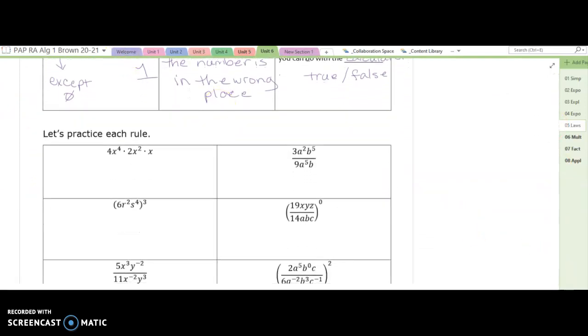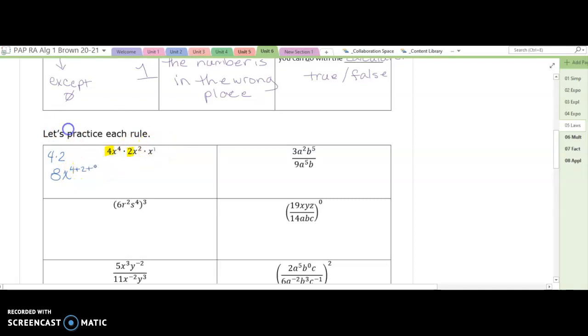Remember we are multiplying these. When we multiply, we are also multiplying the numbers, so we have 4 times 2, which is 8. Our bases are x and our exponents are 4 plus 2. We're multiplying, so we add them. And remember this little 1 over here.